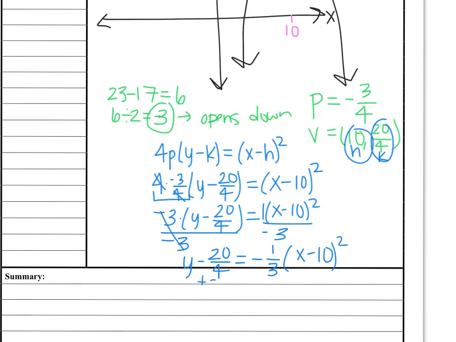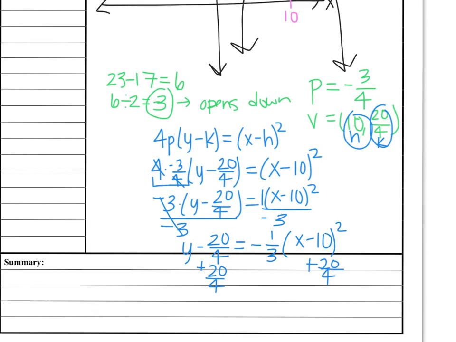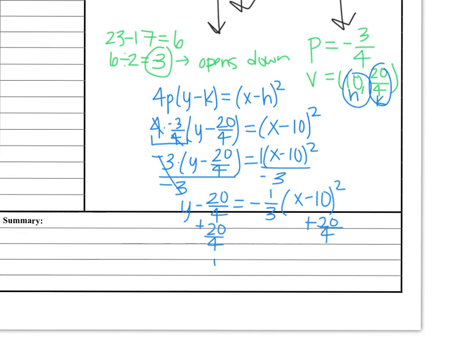And then last step is to add your 20 over 4 to both sides. And you are left with a final answer of y equals -1/3, parentheses x minus 10 squared plus 20 over 4. What is 20 over 4, everybody? It is actually equal to 5. So if you wanted to rewrite 20 over 4 as 5, that would be lovely. Okay? So final answer there.